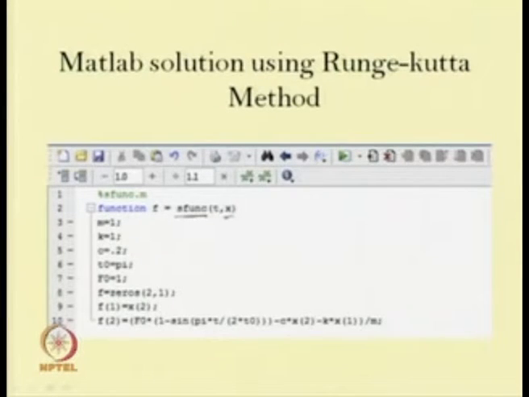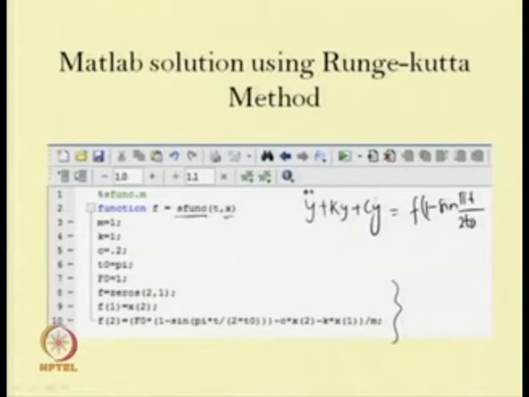Here in the equation, we have taken x dot equal to x 2, or let us have an equation in this form, that is y double dot plus c y dot plus k y equal to f. Here let us take the function f into 1 minus sin of pi t by 2 t 0, where pi by 2 t 0 is omega.